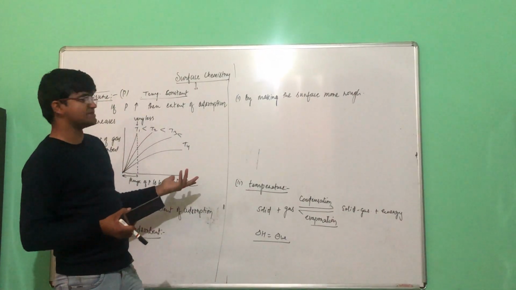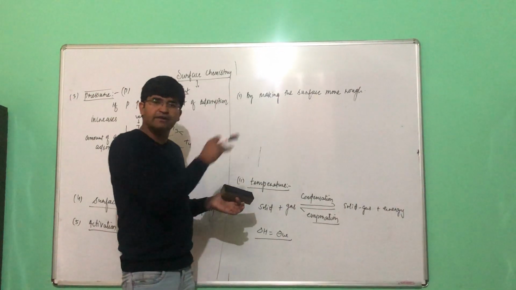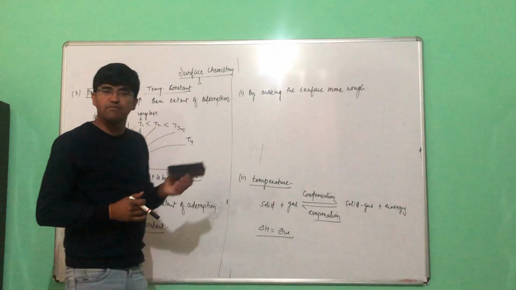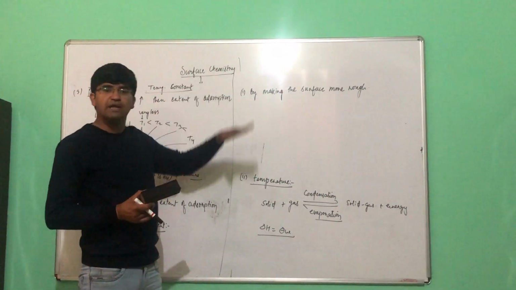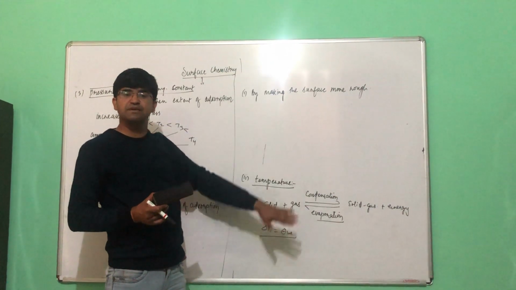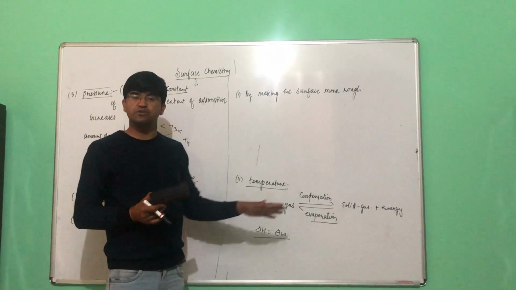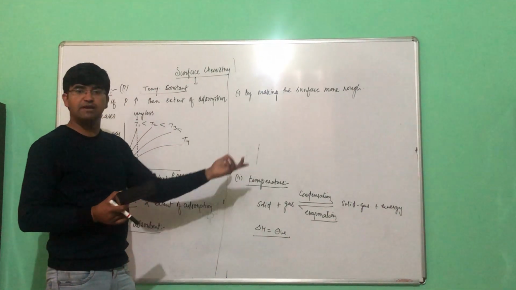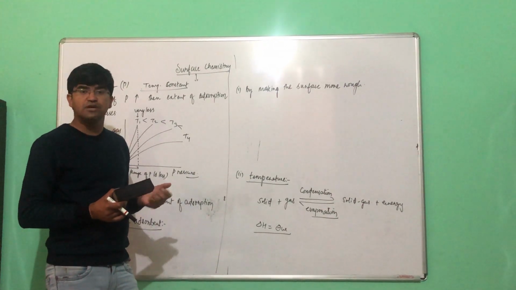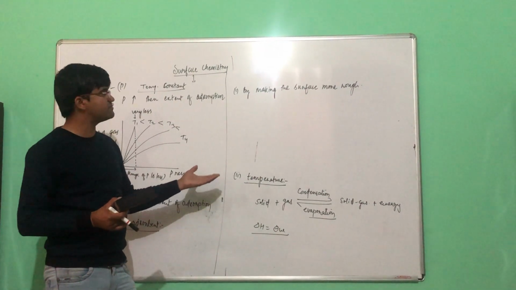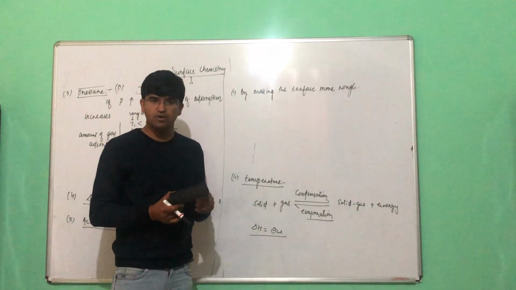And after that, what occurs? We use different kinds of paints on the surface of the wall. After applying wall putty, the surface becomes plainer and smoother. Then the consumption of paint will be less, and that will be economical for us. So if we have to increase the extent of adsorption, then we can make the surface more rough.